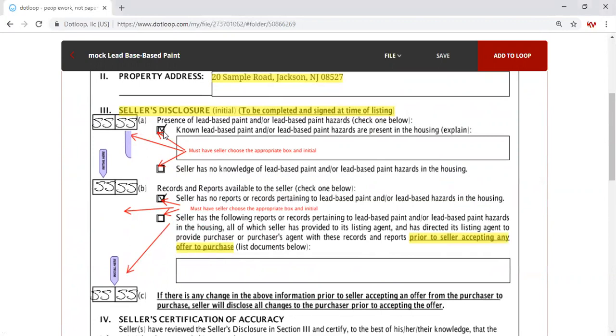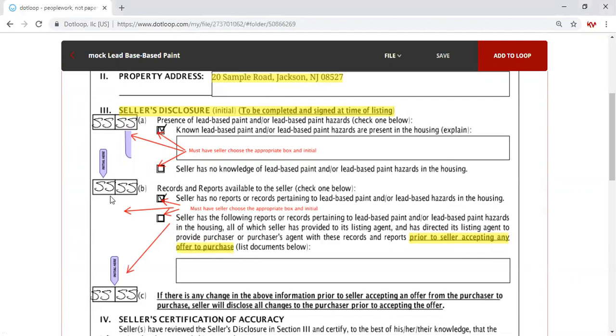They have to check off one of the 2 boxes where it says presence of lead-based paint and or lead-based paint hazards are known or they are not known. So this is asking the seller, do you know if there's lead-based paint in the house? If so, you must check here. If you don't know about any lead-based paint, you check here. Again, this is the seller who needs to check this.